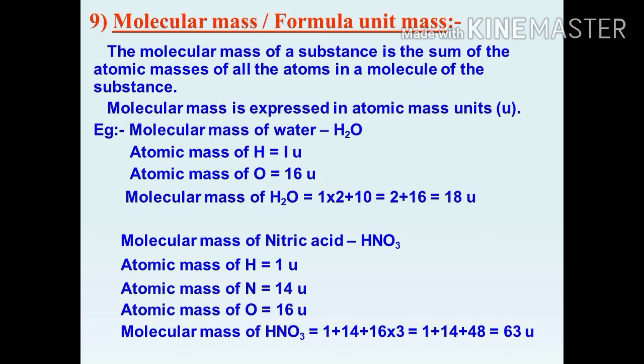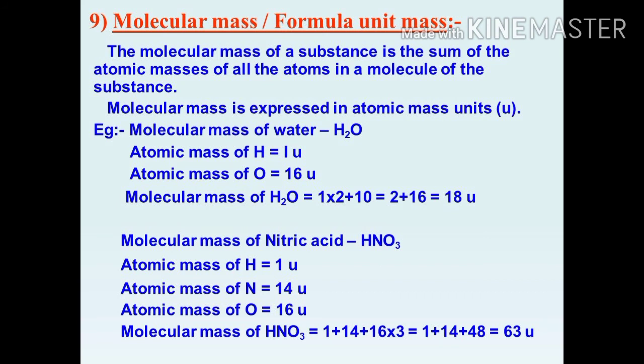Two hydrogen, so the atomic mass of hydrogen is 1, and here 2 hydrogen are there. So 1 into 2 plus oxygen. What is the atomic mass of oxygen? 16. How many oxygen are here? Only one oxygen. So 2 plus 16 is equal to 18 units.